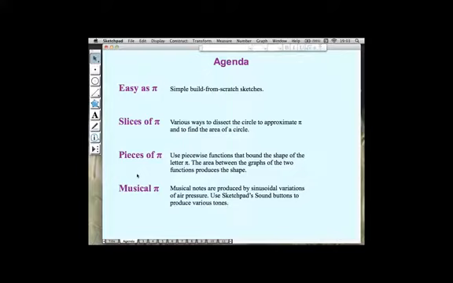We'll have a section on pieces of pi in which we'll use some piecewise functions involving pi, sinusoidal functions specifically. We'll create piecewise functions that bound the shape of the letter and then fill in the area between the two functions in order to produce the shape of pi.